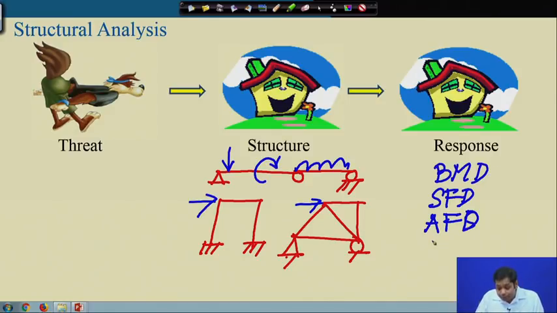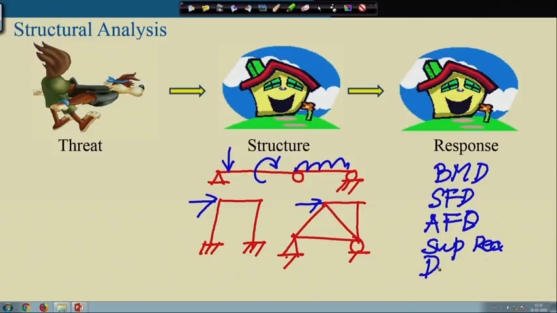And in addition, we have seen how to find support reactions, and then how to find displacement. So these are some responses that you have studied in structural analysis 1.